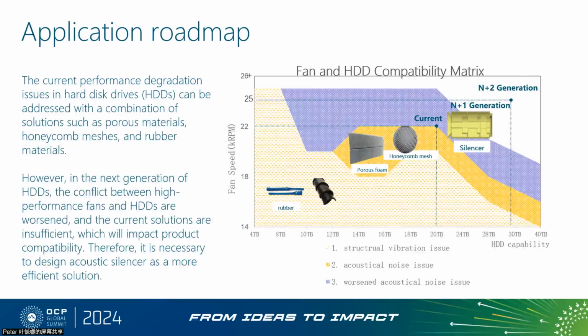With the IT device's advancement, air movers rotate faster to cool the denser and more powerful components within the enclosures. This results in stronger acoustic waves, which in turn worsens the performance degradation issues of HDDs. In such cases, the problem can only be addressed with more sophisticated acoustical solutions.